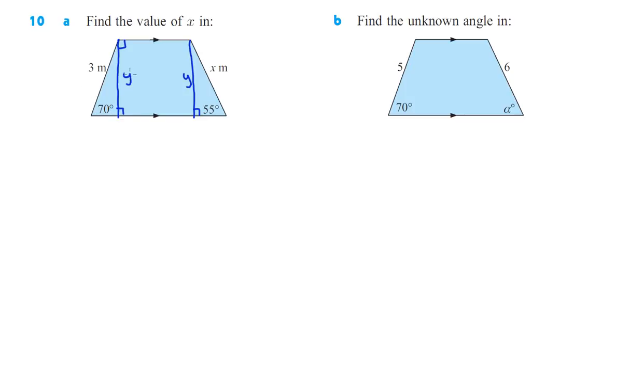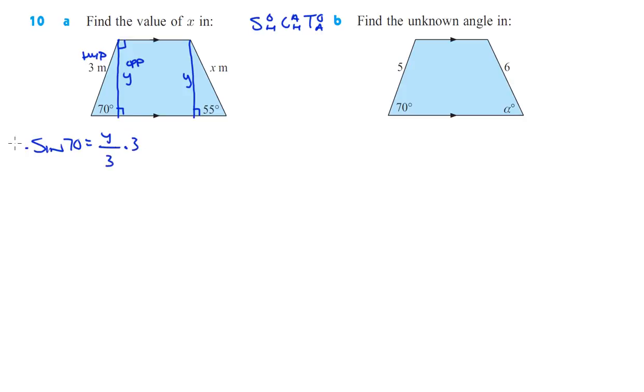So from this angle, this is the opposite. This is the hypotenuse, right? So we've got opposite and hypotenuse, that's sine. So we'd want to do sine of 70 equals opposite, which is y, over hypotenuse, 3.